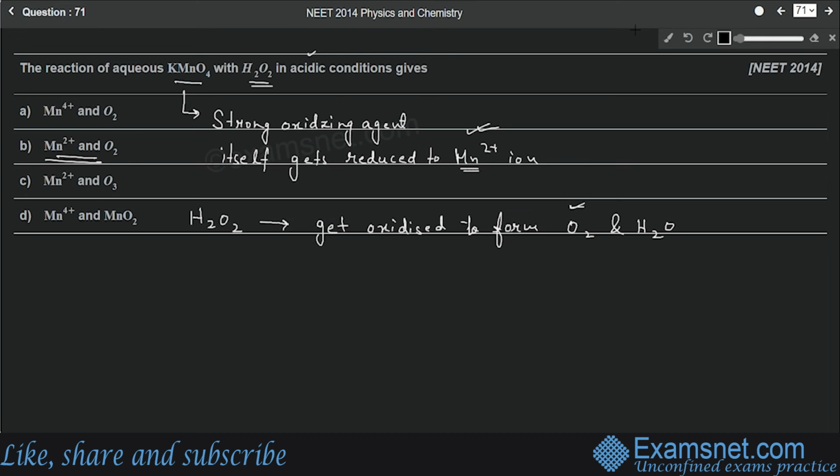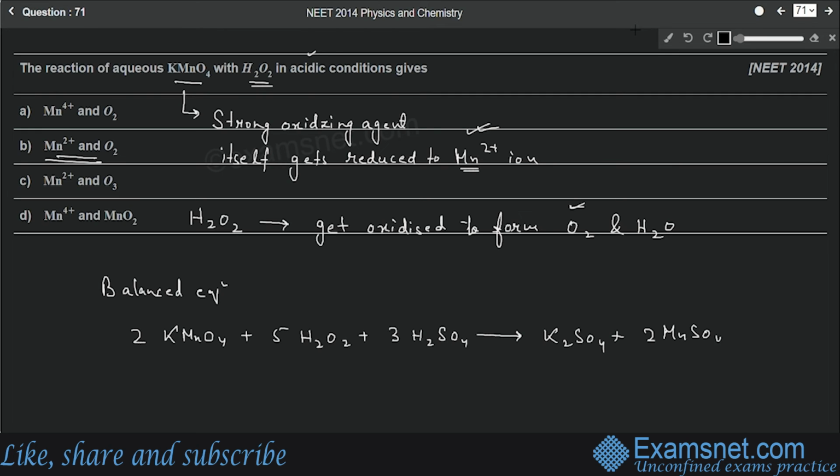Okay, and let's see the balanced equation for this. So we have 2KMnO4 potassium permanganate plus hydrogen peroxide plus 3H2SO4 sulfuric acid, and this reaction will give K2SO4 plus 2MnSO4 plus 5O2 plus 8 molecules of water.